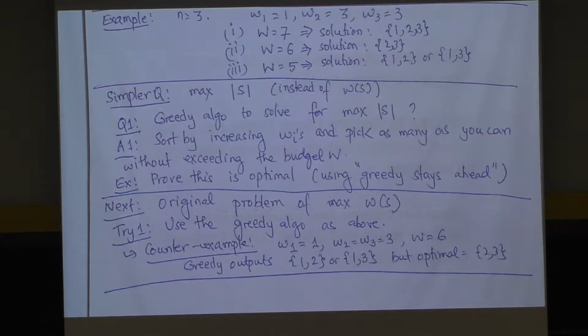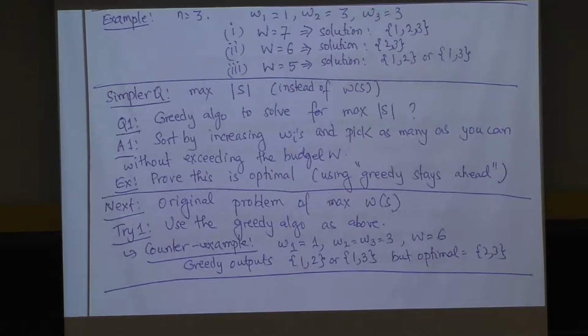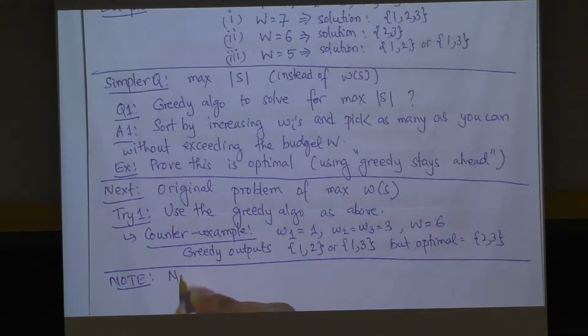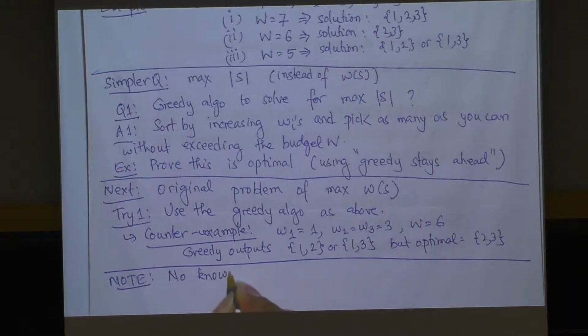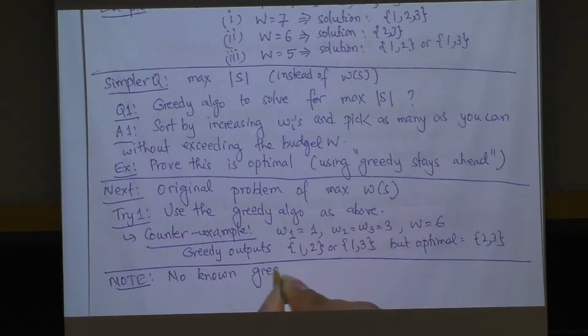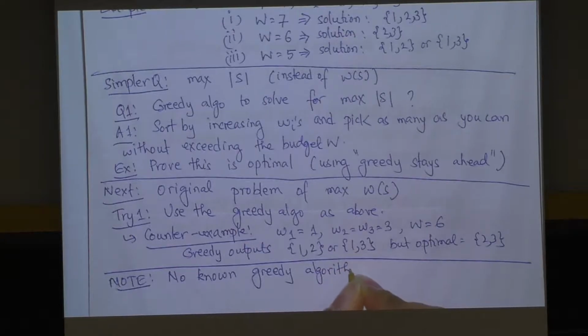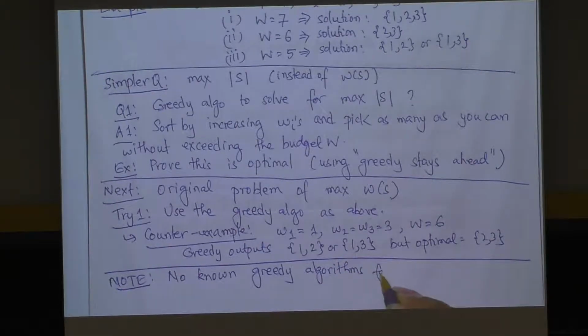And I believe this might actually even be proved for a relevant subclass of greedy algorithms, though I'm not 100% sure. Okay. So I'll just keep it as a note. So I'm just going to say there are no known greedy algorithms for this problem.